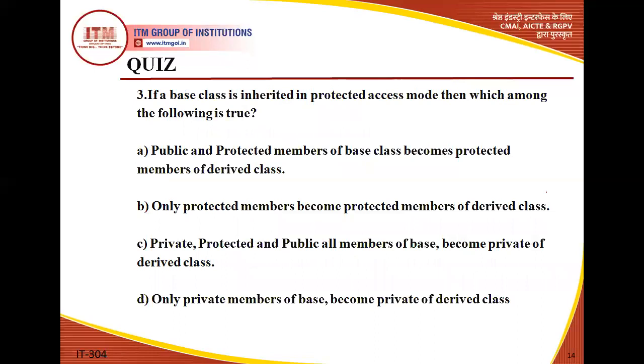If a base class is inherited in protected access mode, then which among the following is true? Just read the lines. Option one, public and protected members of the base class become protected members of the derived class. Only protected members become protected members of the derived class. Private, protected and public, all members of the base become private in the derived class.